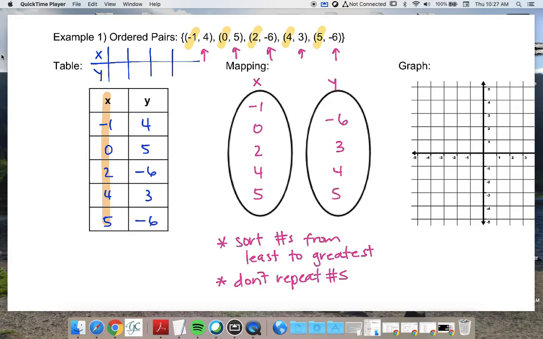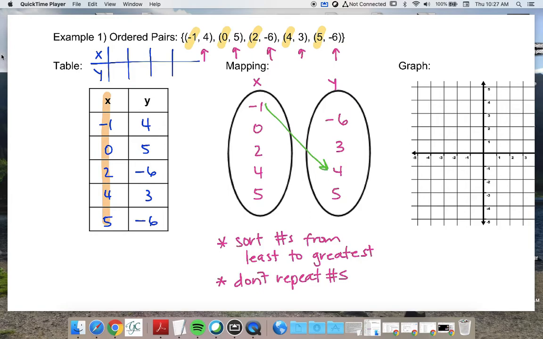Now in a mapping diagram, the way we communicate which numbers are pairs is through a series of arrows. So we're going to draw an arrow from the x to the y to indicate an ordered pair. So our first ordered pair is -1, 4. So I'm going to draw an arrow from -1 to 4. And that's how I know that -1, 4 is an ordered pair.